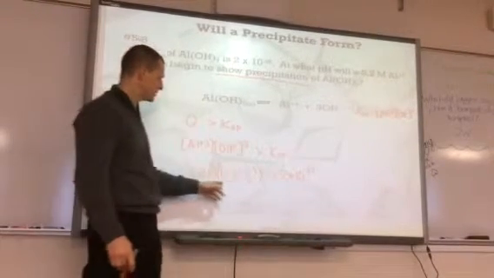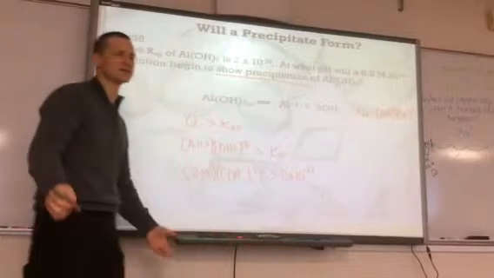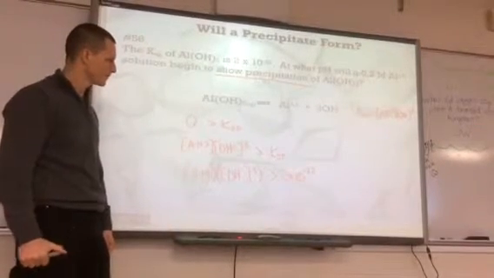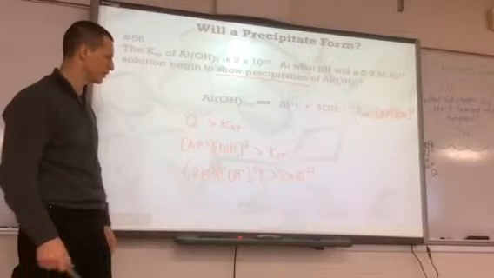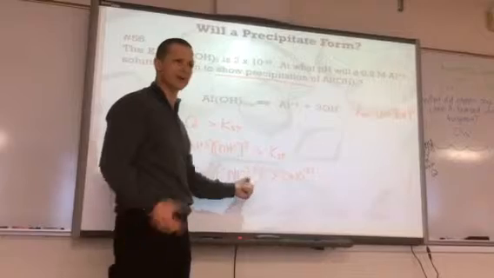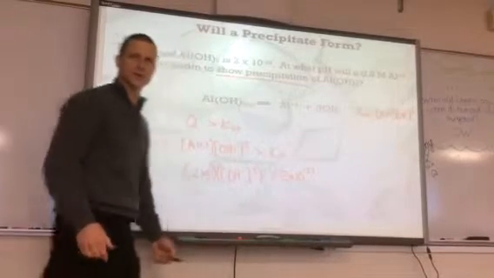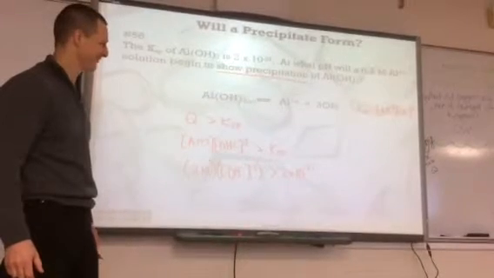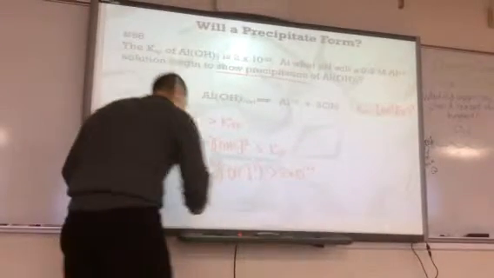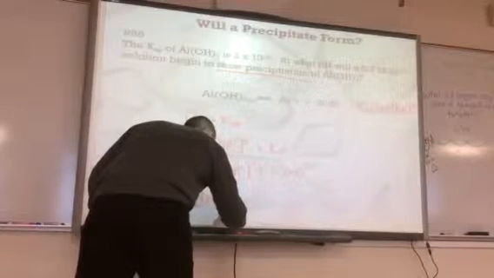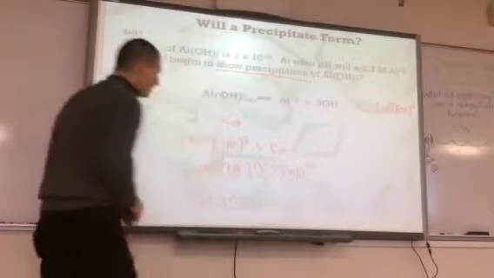Well, it's 0.2 times x cubed is greater than that, solve for x. It's not a pretty one that you can do in your head. You're going to wind up with 1 times 10 to the negative 31st power, and you need to take the cube root of that. Not equals, is greater than.